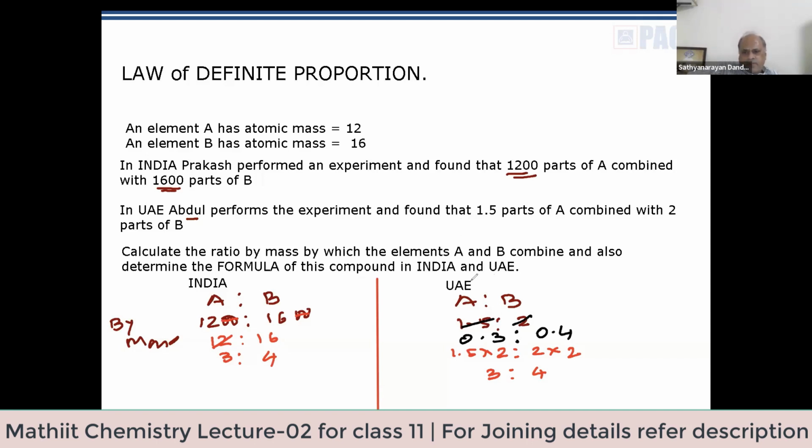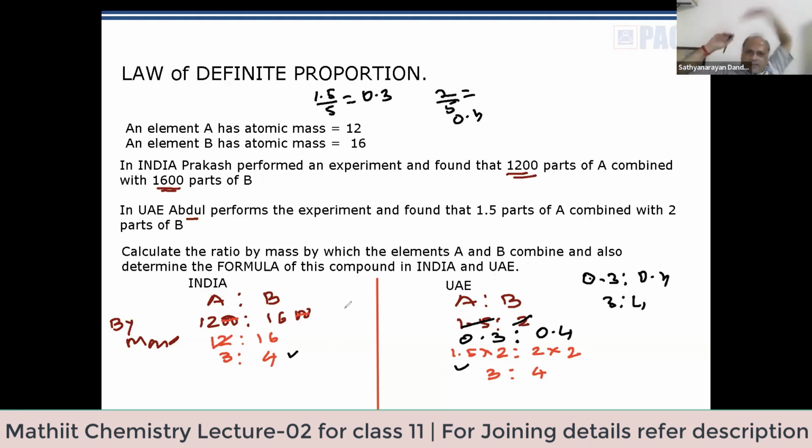Wrong. 1.5 को मैंने 5 से डिवाइड किया तो 0.3 आ गया. 2 को मैंने 5 से डिवाइड किया तो 0.4 आ गया. तो 0.3 is to 0.4 is nothing but 3 is to 4. सो दोनों जगह पे 3 is to 4 आ गया. तो रेशियो बाय मास सेम है तो कंपाउंड सेम है, राइट?